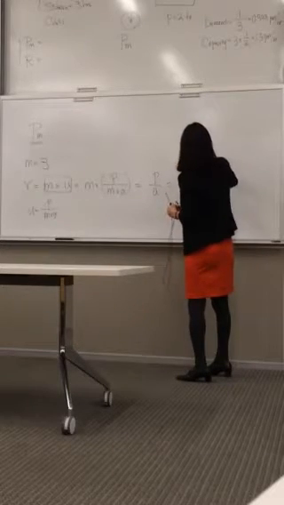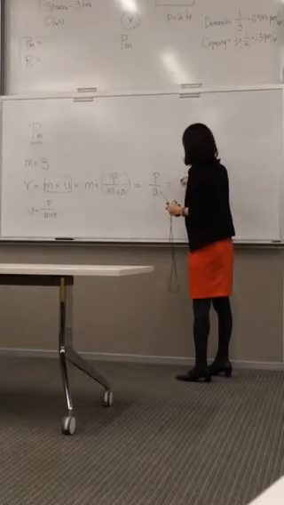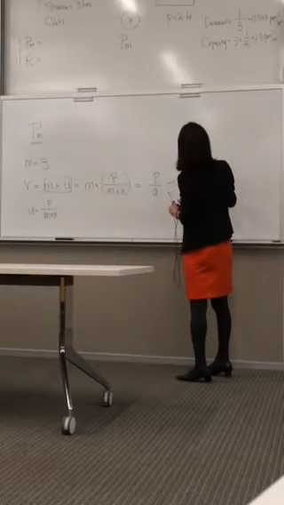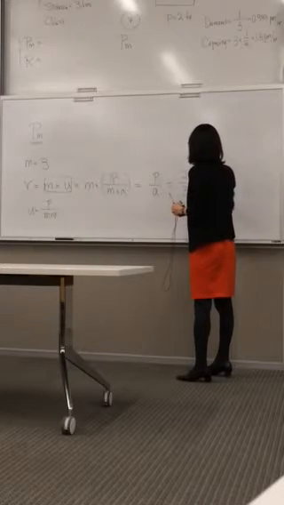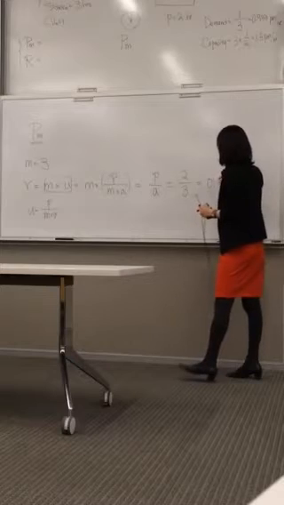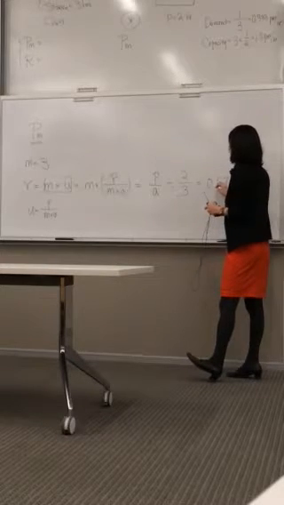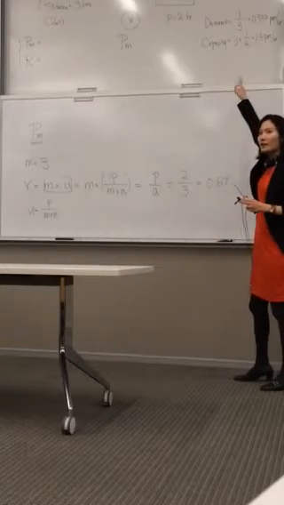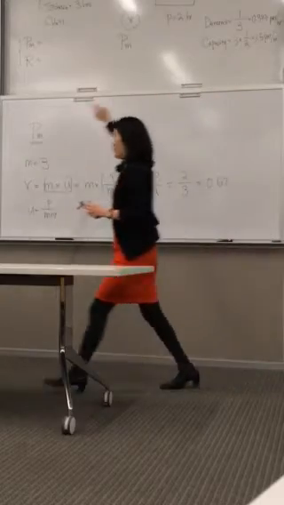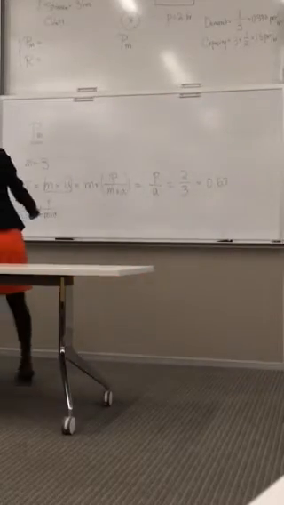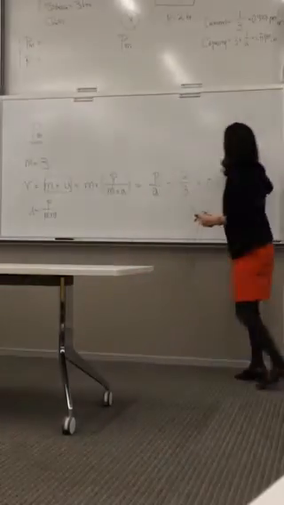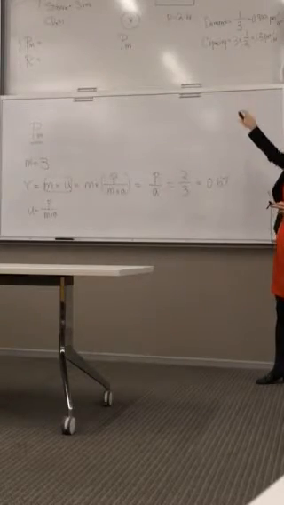P is 2. A is 3. So R is 0.67, for 3 trauma bays. Right?